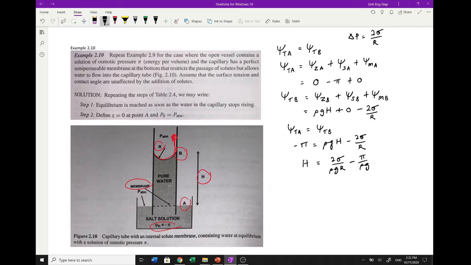So here is the equation for estimating the height of water rise after including salt solution with a membrane that prevents the solute, the salt, from going upward. There you have it.